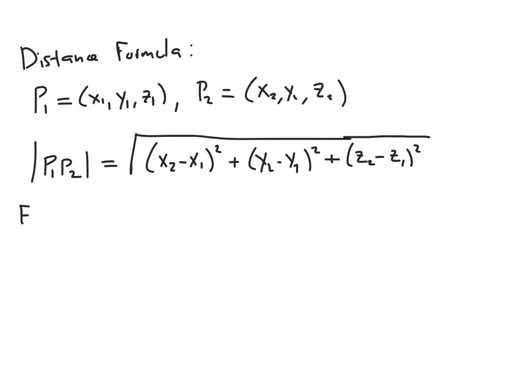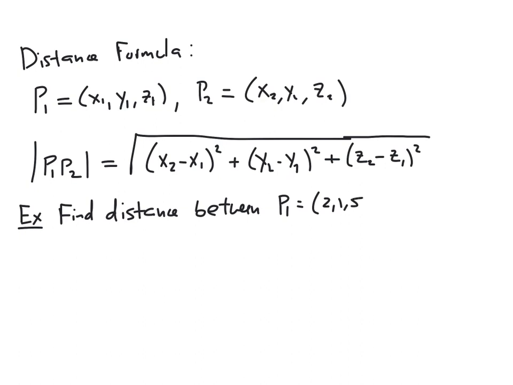So for a really straightforward example of this, let's say we were asked to find the distance between point P1, which is going to be given by coordinates 2, 1, 5, and P2, which is given by the coordinates -2, 3, 0.